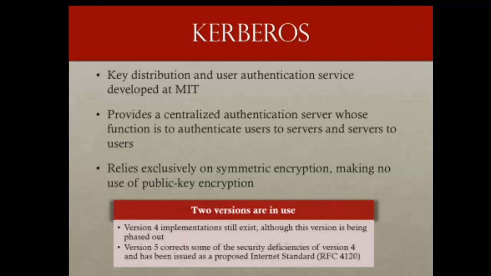So because of the complexity of Kerberos, what we're going to do is talk about version 4 first, and then we're going to talk about version 5. So you're going to learn a little bit about Kerberos at a time. We're going to walk you through it, start at the beginning, and you'll learn one thing after another. And you'll also learn as we go through this what some of the weaknesses are in the older version, and then we'll talk about how the new version solved it.